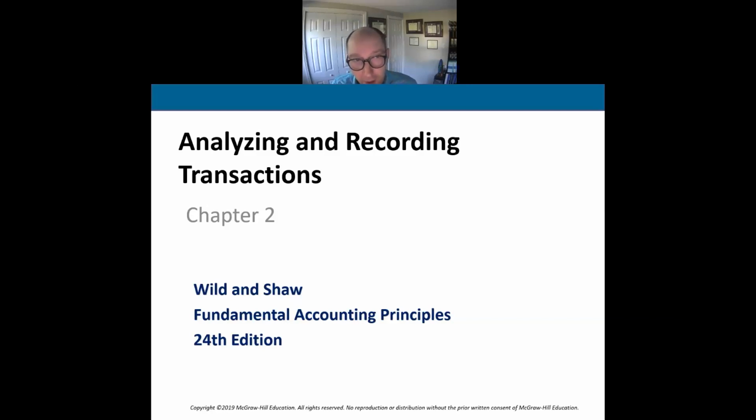Today we're going to be talking about analyzing and recording transactions. As you may recall from Chapter 1, when we were talking about this past Tuesday, we discussed how transactions impact the accounting equation.